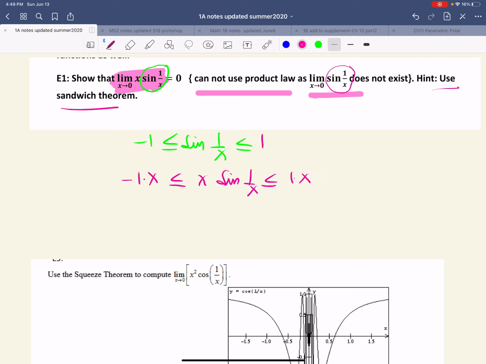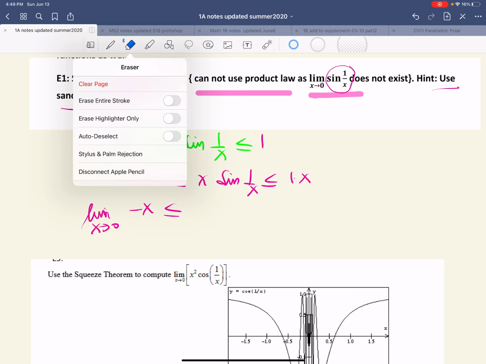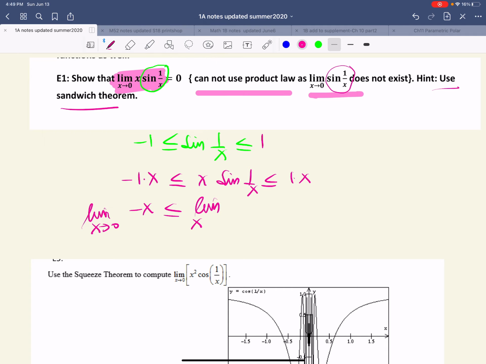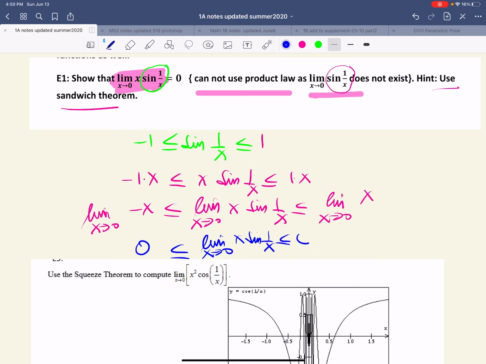And now we're going to take the limit as x approaches 0 everywhere. Limit x approaches 0, negative x. Limit x approaches 0, x sine 1 over x. Limit x approaches 0, x. Now, this is going to be 0, because when x approaches 0, the limit of negative x exists, which is equal to 0, and the limit of x as x approaches 0 is also equal to 0.